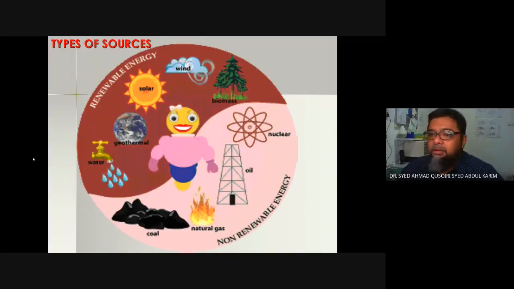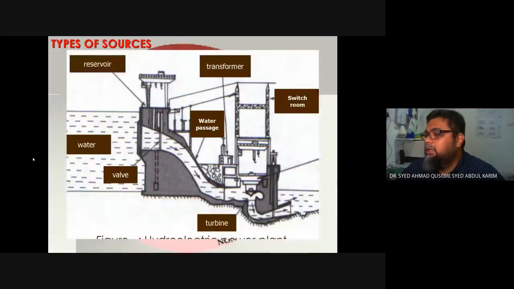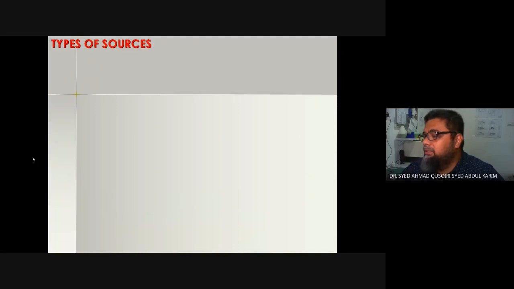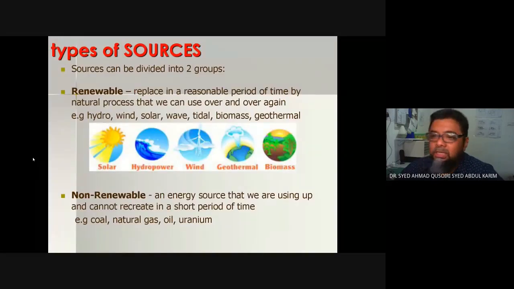So those are the types of sources. We have renewables and non-renewables. Okay, tinggal satu lagi non-renewable ialah uranium, which is the nuclear power plant. Of course, uranium ni akan bertahan lebih lama compared to coal or other types of hydrocarbon. Maybe 50 years, 60 years, depending on the design lah.